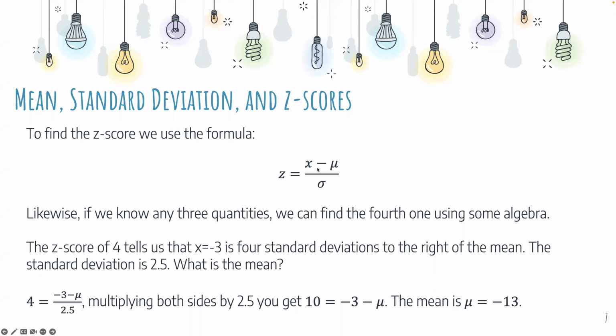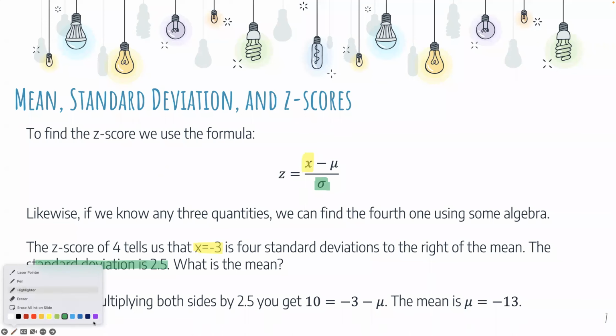What is the mean? So if we go back here, this is telling me that this X value here is negative 3, right? This is also telling me that this sigma value here is a standard deviation of 2.5.